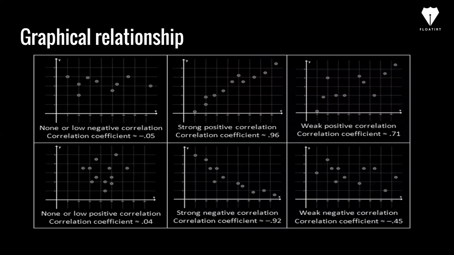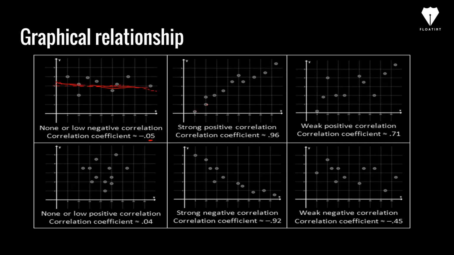Now I will give you the graphical relationship. Here you can see I am getting 0.05, that means it is very weak. If you draw a line here, it will go a little down because it is negative, but there is very little relationship, it's almost random.